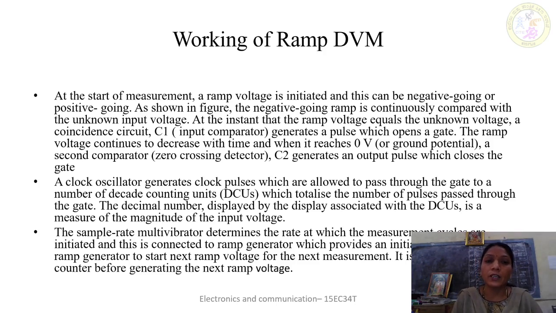The ramp voltage continues to decrease with time, and when it reaches 0 or ground potential, a second comparator, which is called a zero crossing detector, C2, generates an output pulse which closes the gate.